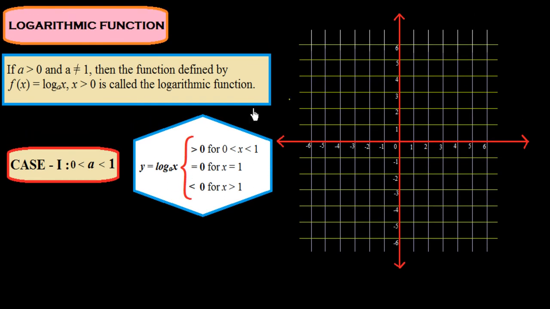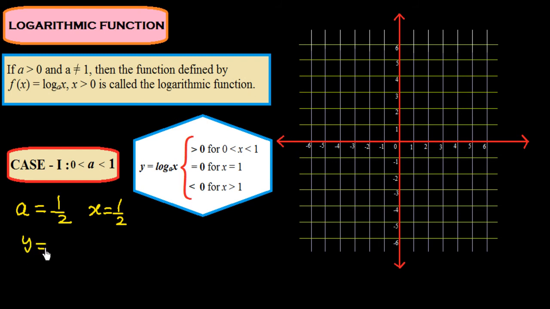Take an example, a between 0 and 1. We take a is equal to 1 by 2, which is between 0 and 1. For the first condition, x is between 0 and 1, so we are taking x also 1 by 2 first. So we see what happens now.